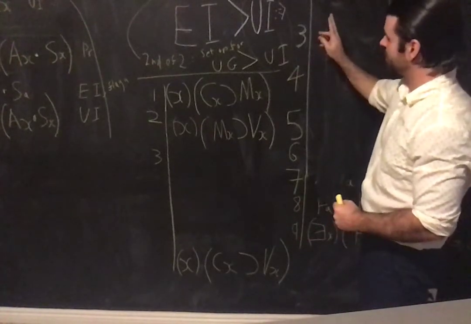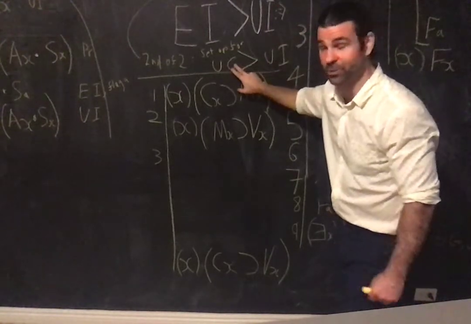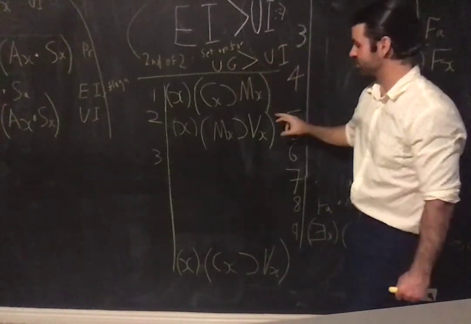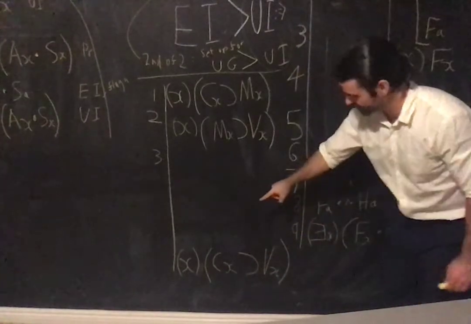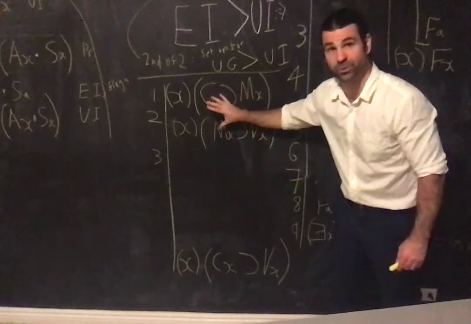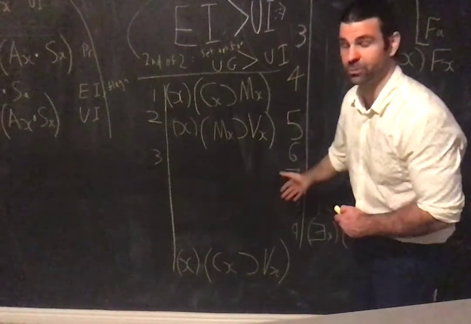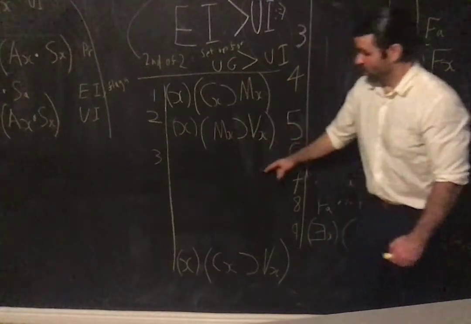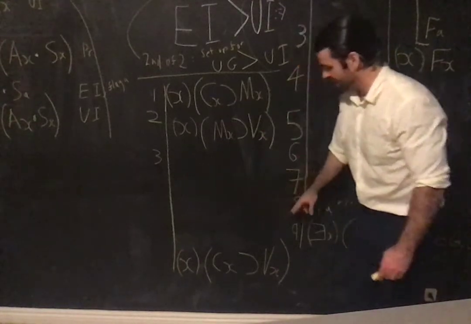So the second instance of hard before easy is you set up for the universal generalization before you do the universal generalization. So in practice, you're looking at something like this, right? You've got these two universal statements. You're basically only going to be doing a UG when your premises are all universal statements, right?